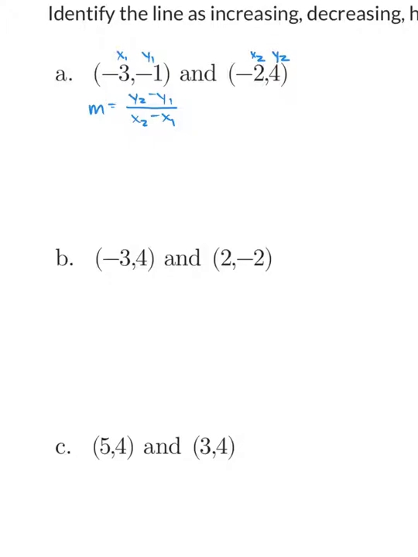So now that we have this, we can go ahead and plug in to our formula. For our formula, we get y2, which is 4, minus y1, which is negative 1.